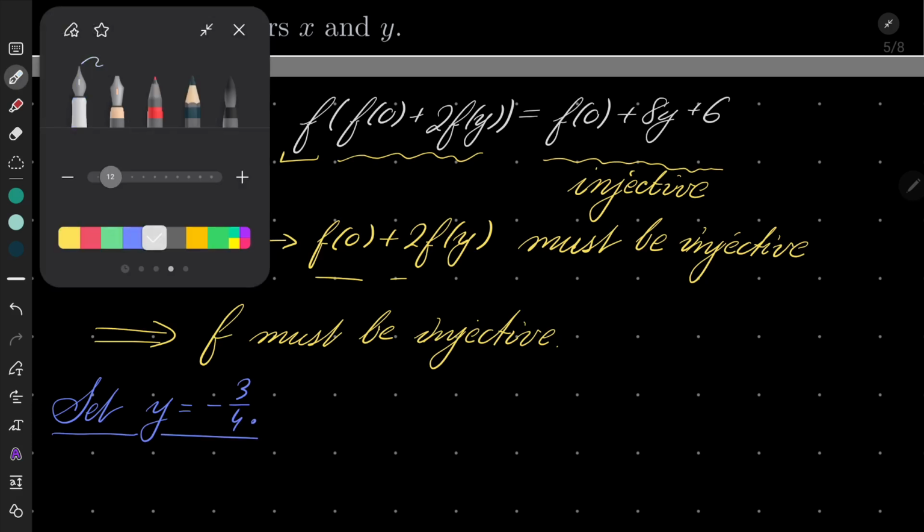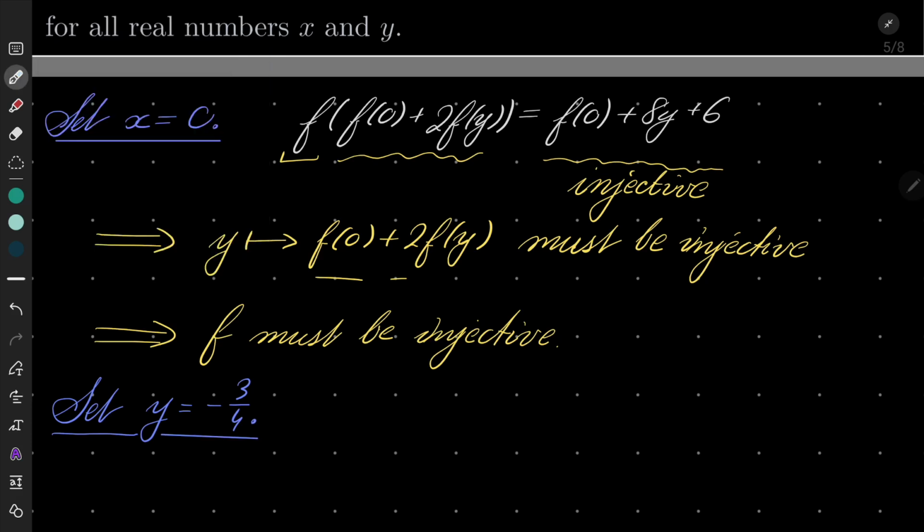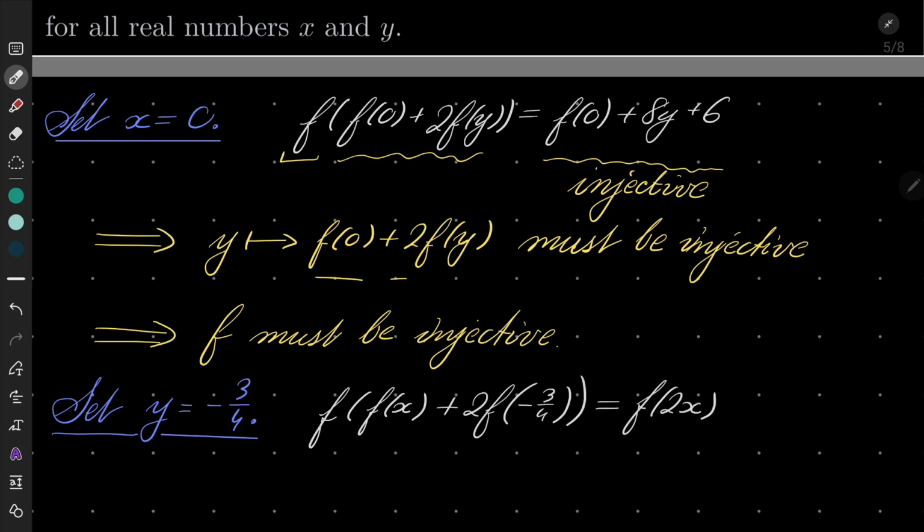Well, on the left hand side, we get f of x plus 2 times f of y, but y is minus 3 over 4, equals 2 times f of x, and 8y plus 6 vanishes, gone.